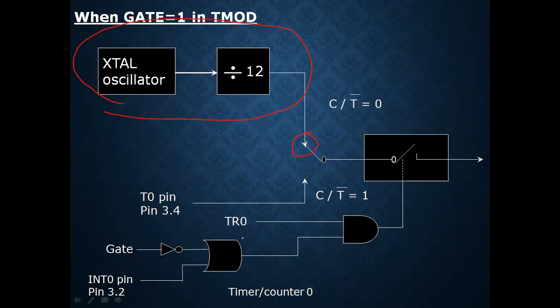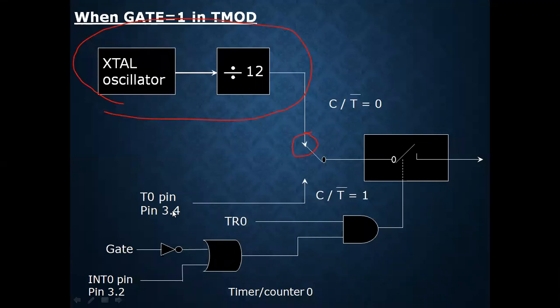Now at the bottom part, just see the gate. Sir, T0 pin is pin 3.2, no, sir? Okay, then I might have made some mistake. Please be correct with that.